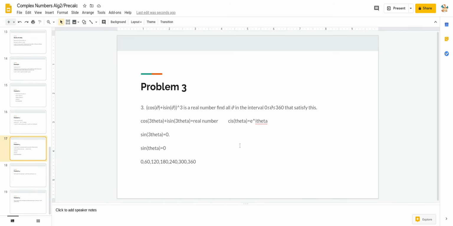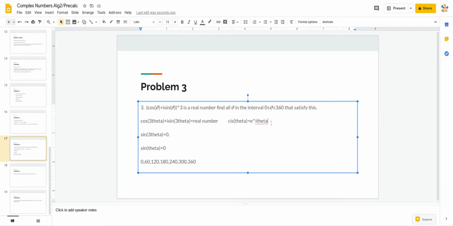So if I do cis theta to the power 3, this will be equal to e to the power i, let's just say theta is a, because writing out theta just makes it look weird. e to the ia, right, to the power 3. Do you get that so far?